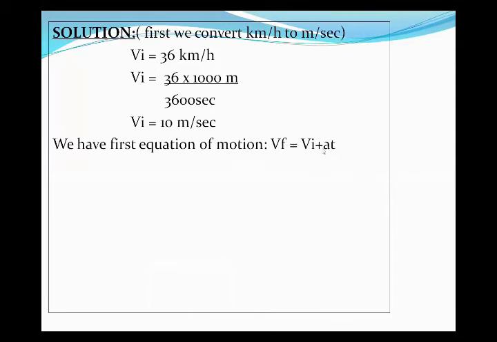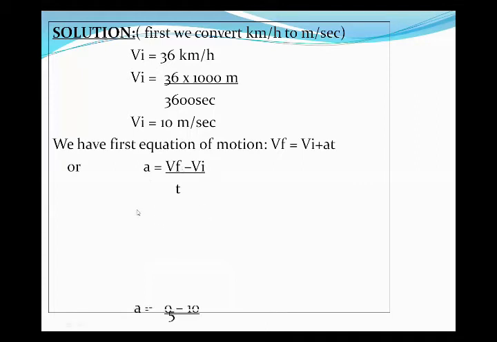And to isolate acceleration, we have to move T to the other side, so T will come into the division. Now let's see. So we can say acceleration A is equal to Vf minus Vi upon T.